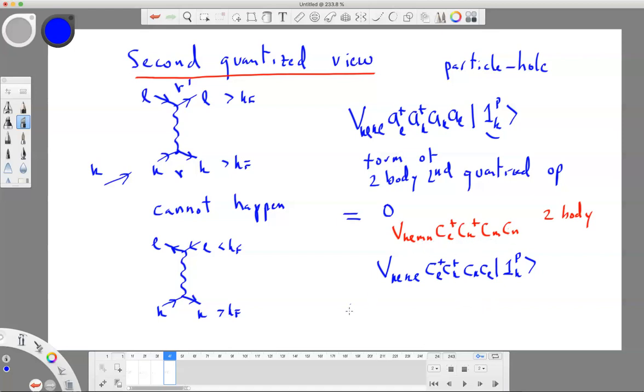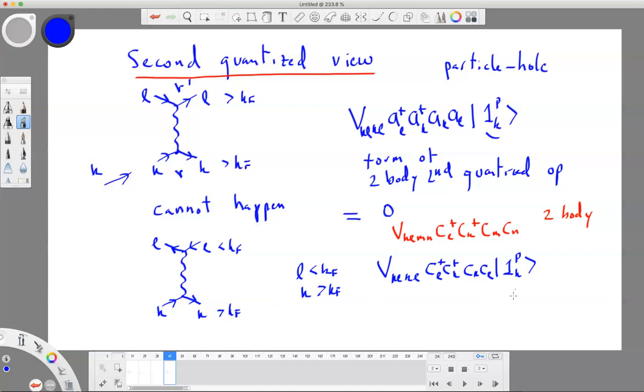But now we have to interpret this in terms of the rules, right? So remember that L is below the Fermi energy, let's emphasize, and K is above the Fermi energy. So if we apply this operator, how do we translate?